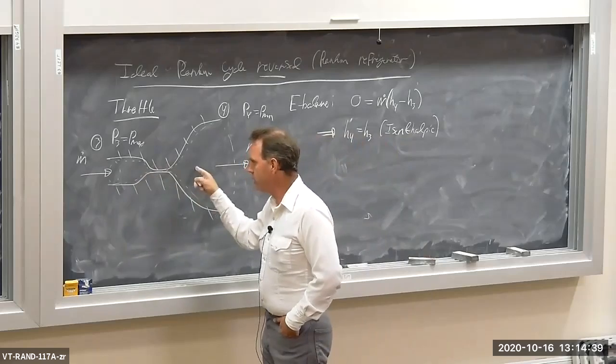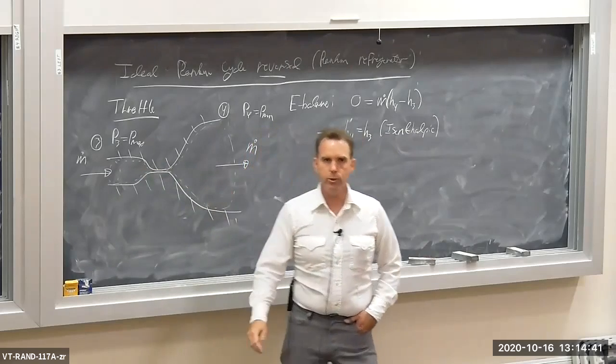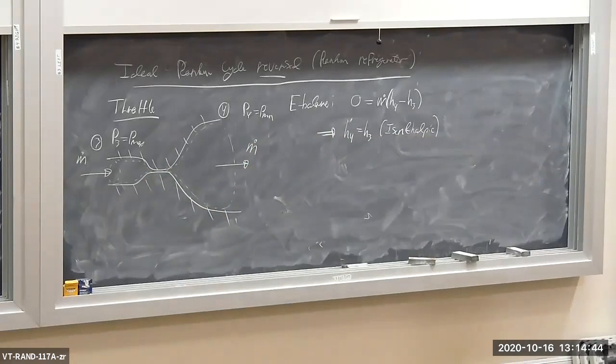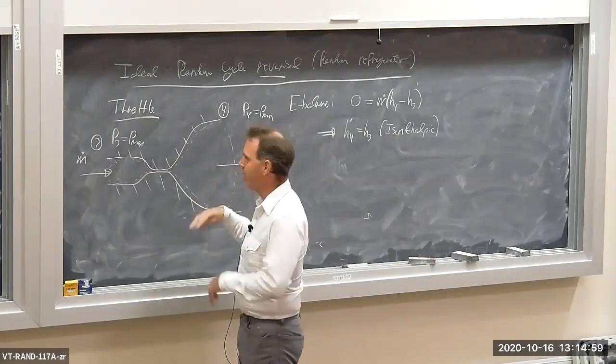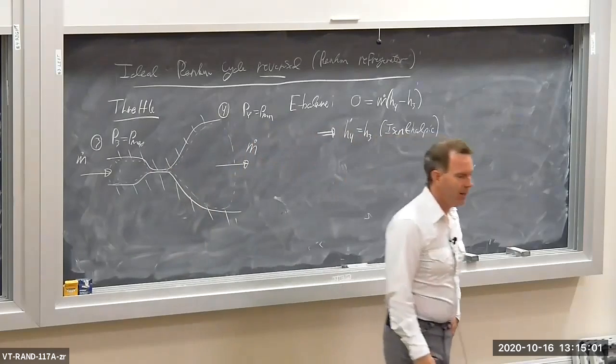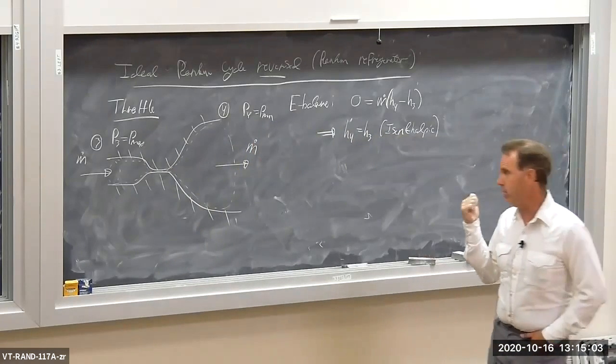Is this process, as the flow moves through here, reversible or irreversible? What are the 3 irreversible processes we've been talking about? Heat transfer across finite temperature differences, processes involving friction, and unrestrained expansion. We have flow going from a high pressure to a low pressure and nothing else is going on. That is an irreversible process.